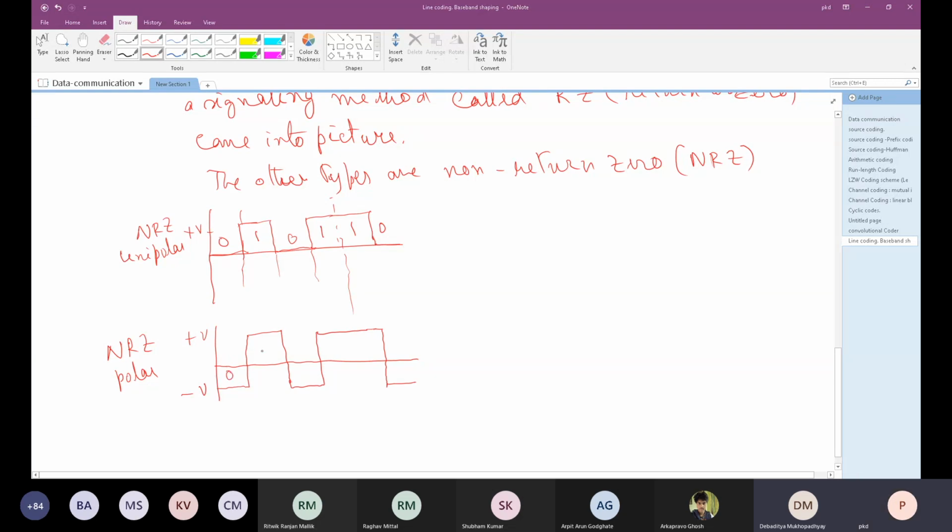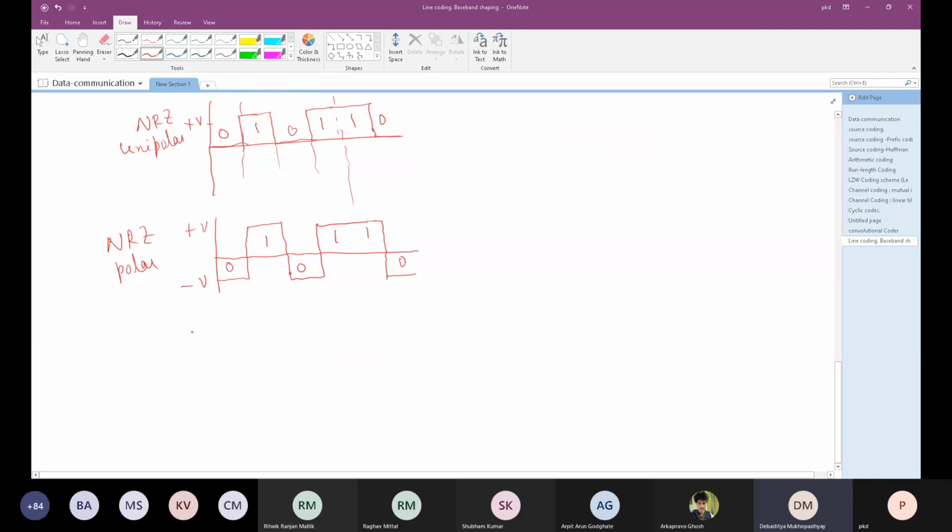So this is 0, 1, 0, 1, 1, 0. So in this case this is non-return to zero.